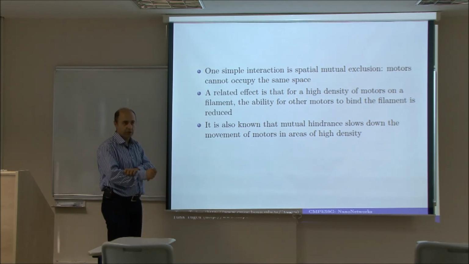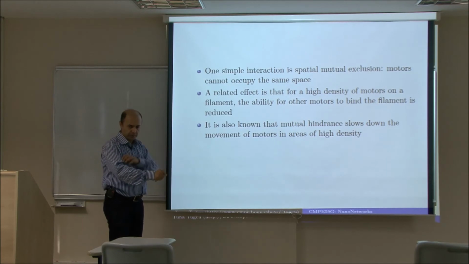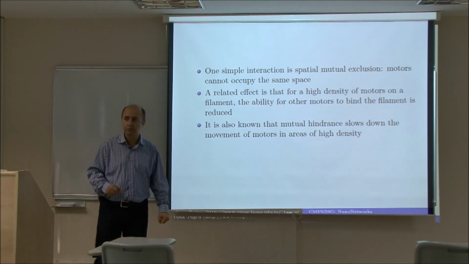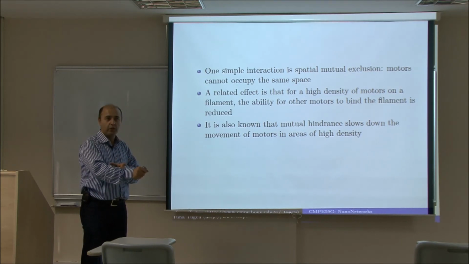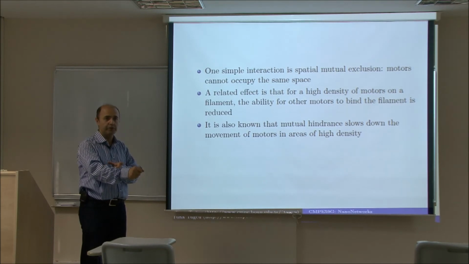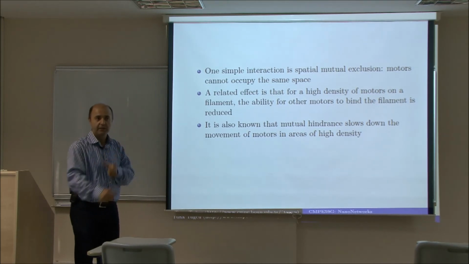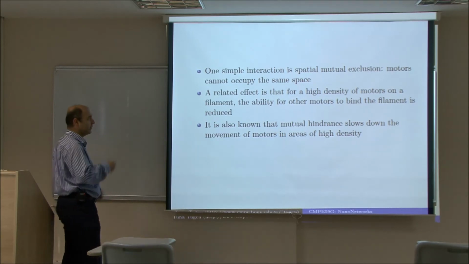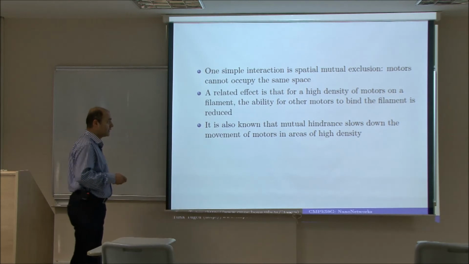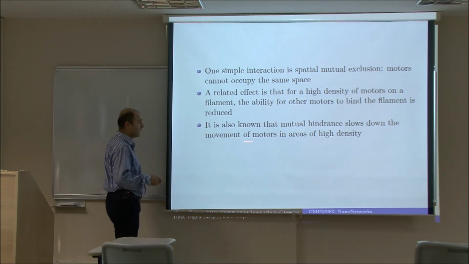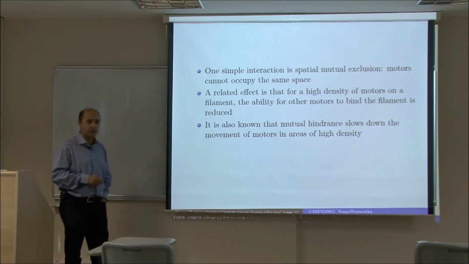Because there are multiple motors attached to a given portion of the filament, and all these are attached, remember, with chemical bonds, and having so many of them side by side has a reducing effect for each other. So it's also known that the mutual hindrance slows down the movement of the motors in areas of high density.